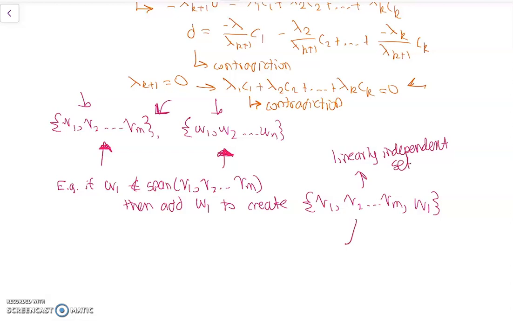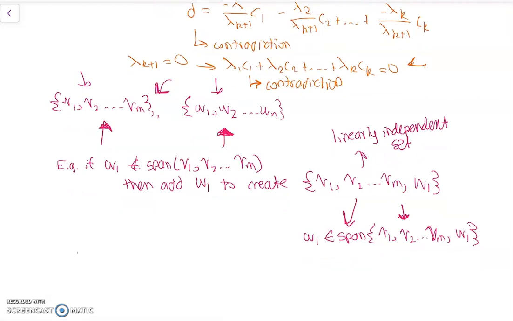And also, since w1 is in this new set, it means now w1 is in the span of this new set. Okay, so now we have a new linearly independent set whose span contains w1.